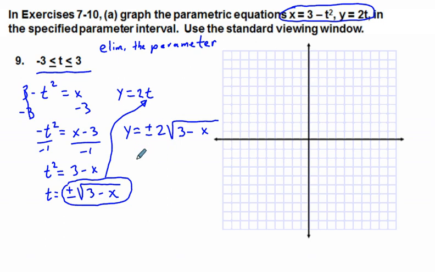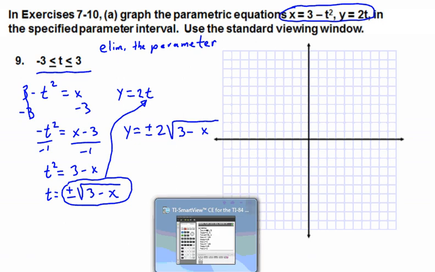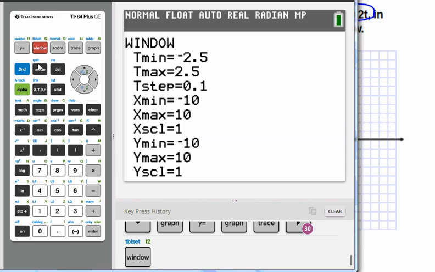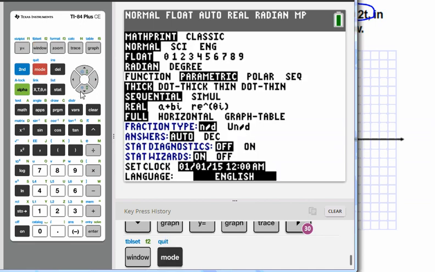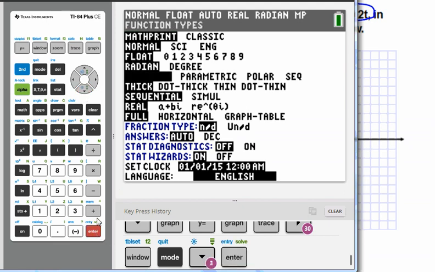So to graph this, this is the way we do it, in the calculator anyway. And we're going to see if we get the same thing. So I'm going to go now to mode and change this into function mode here. Press enter.